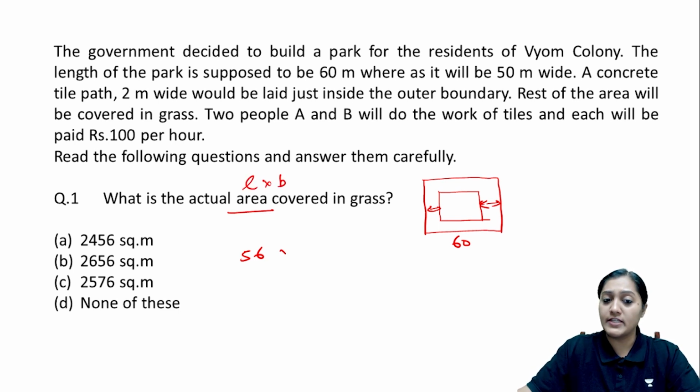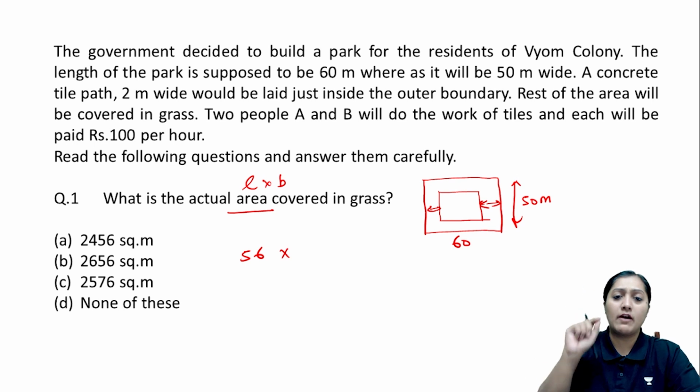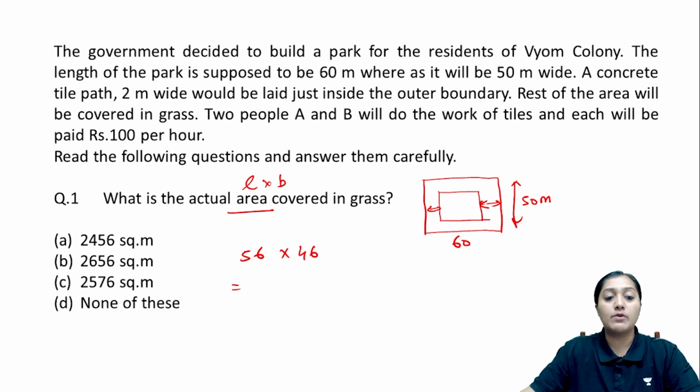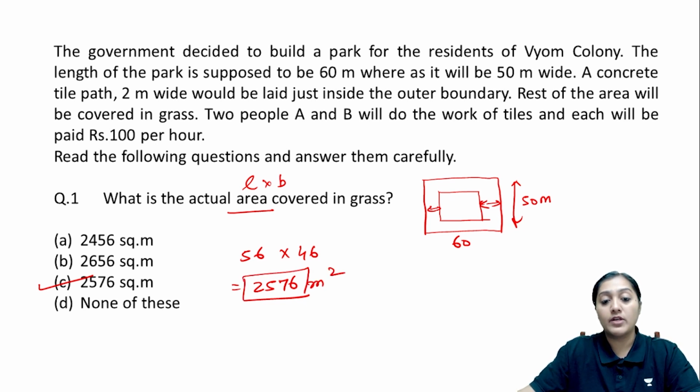So length becomes 56 and the breadth is given to you as 50 meter. So instead of this 50 meter, what do you have to take? 2 meter. You'll remove from above, 2 meter from below. That would be reduced to 46. So when you multiply this, you will get the answer as 2576 meter square. That is your C is your answer.